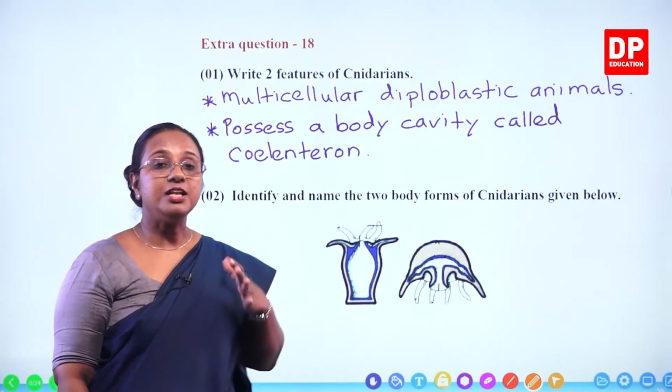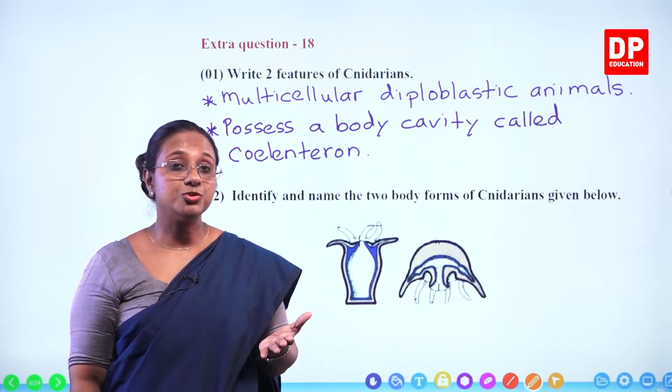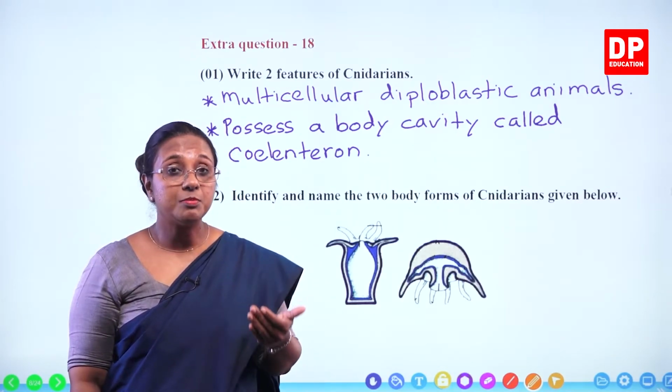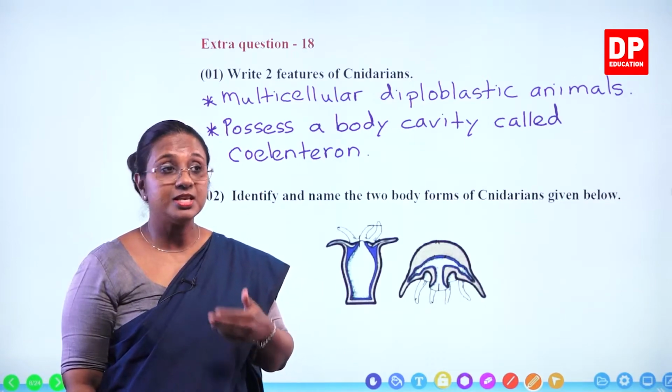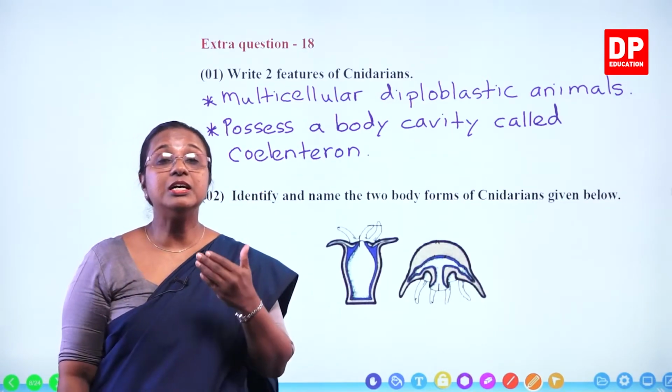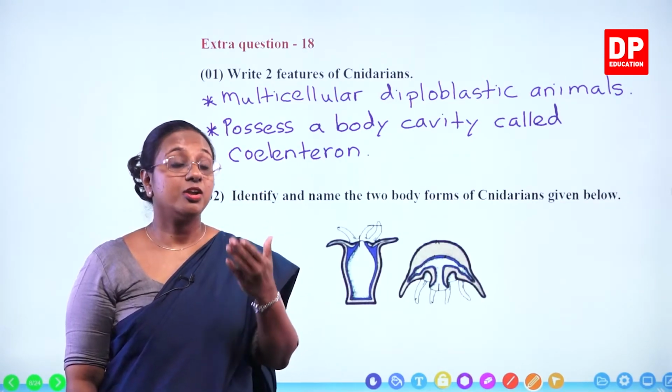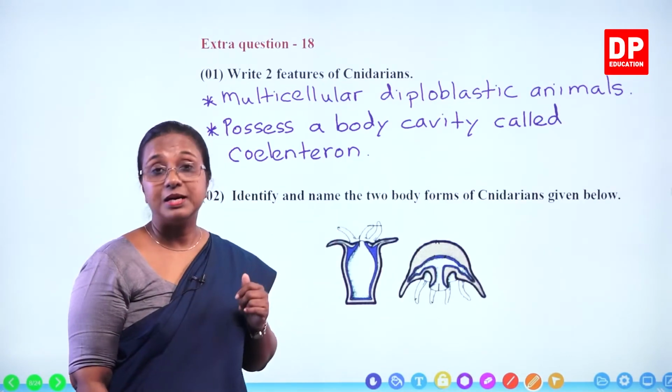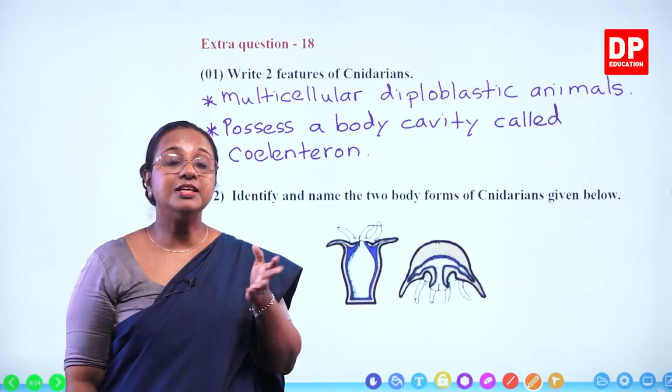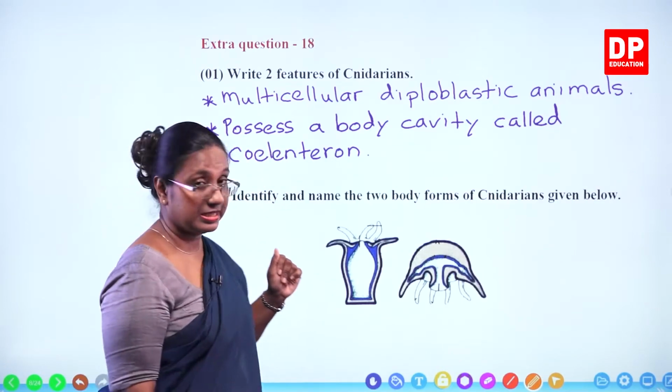In addition to that, you can write about the polyp and medusa two body forms. You can say about nematocyst or nidocyst, and you can mention the radial symmetry. You can also say they are all marine organisms. Those are the features of Nidarians.